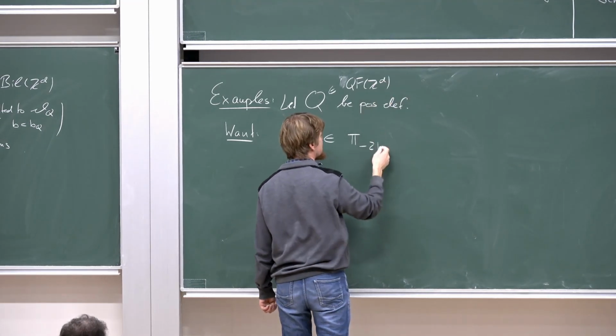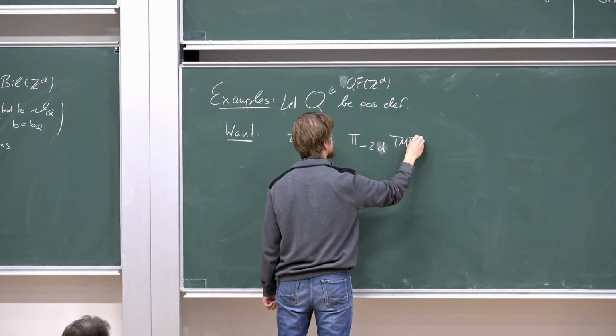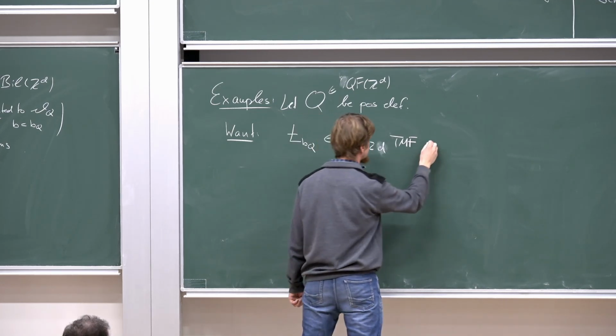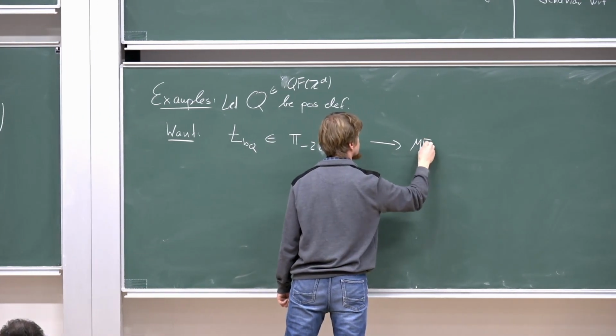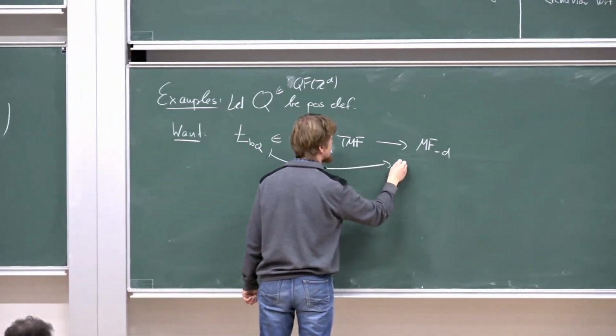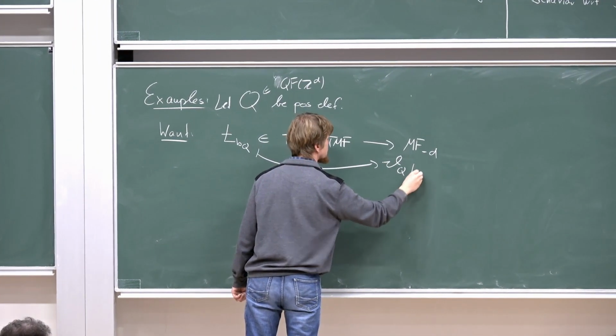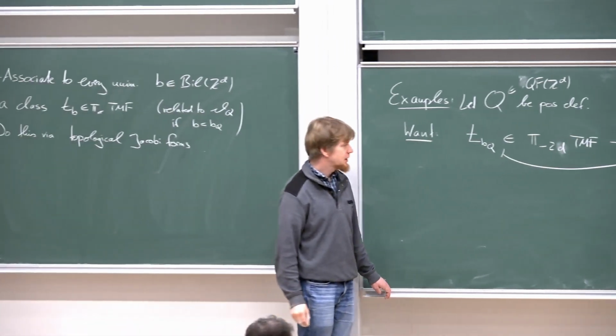It's positive definite, so B plus is everything, so I can just write D here. And this maps to minus D. And I want to say that this maps here to the corresponding theta function divided by. This was one of my goals.